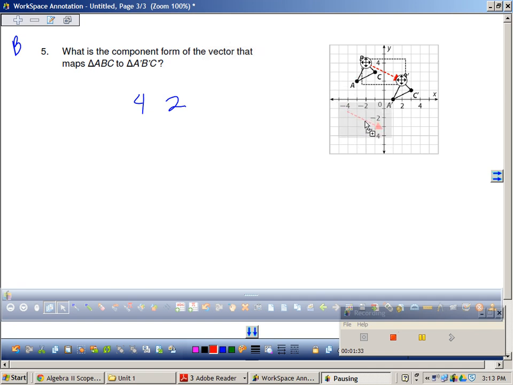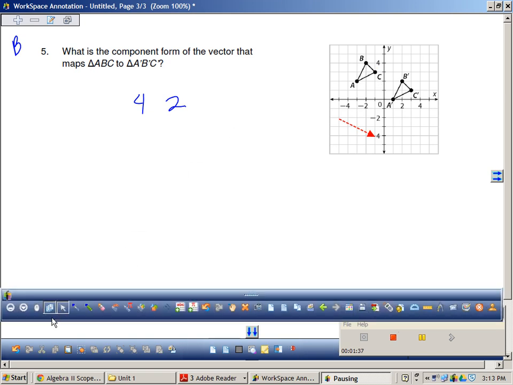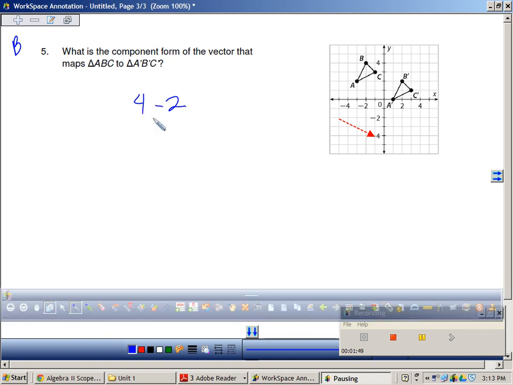You can even take and draw the vector over here. It doesn't matter what the vector is because I just have to count. Yes, it is. 1, 2, 3, over 4, and down 2. Over 4, down 2. How do I finish this up?